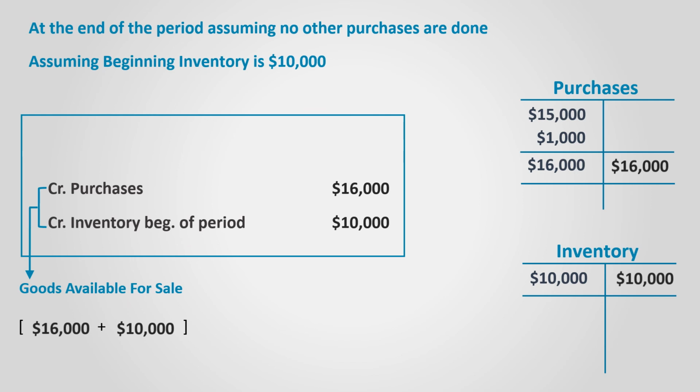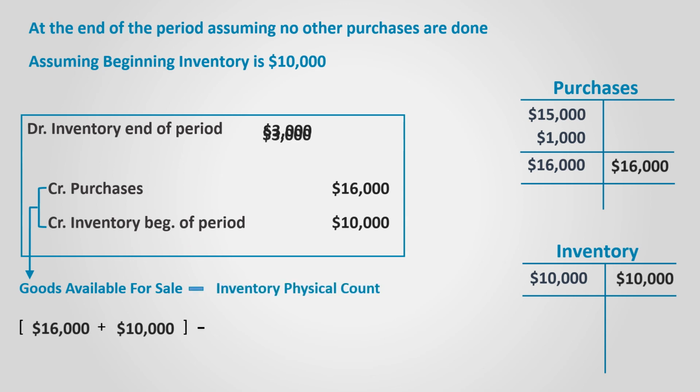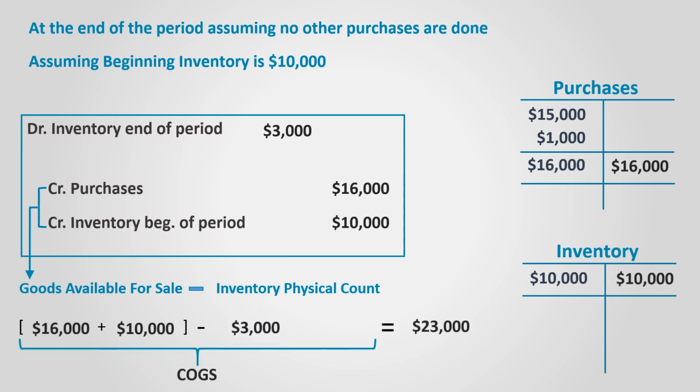Notice that the inventory account is equal to 0 at this point. To update the inventory account with the new balance, we need to debit it by the result of the physical count, which is $3,000. Subtracting the ending inventory of $3,000 from the goods available for sale, we get the cost of goods sold, which is equal to $23,000. To record the expense, cost of goods sold is debited by this amount.